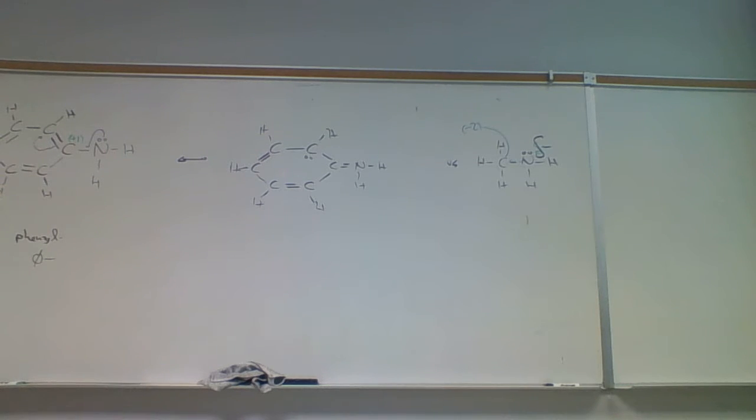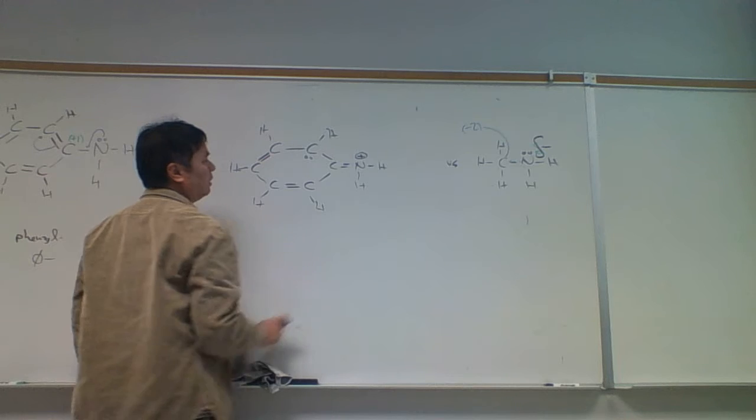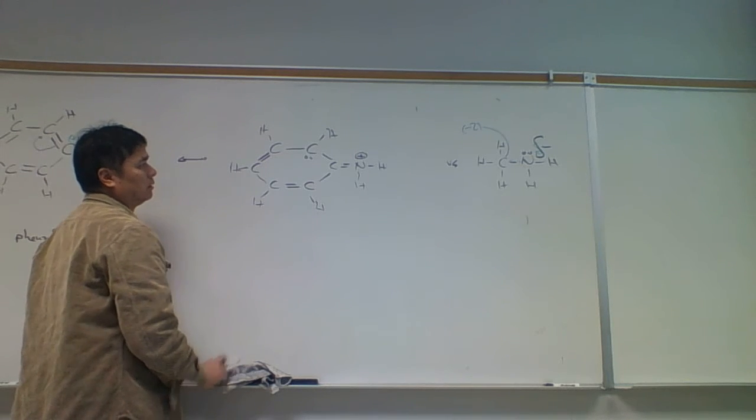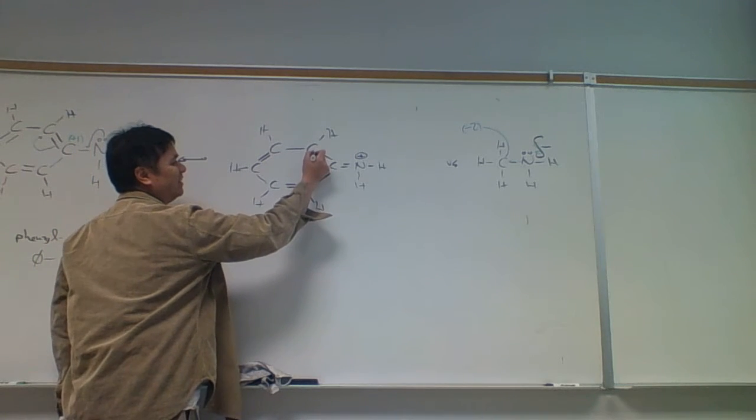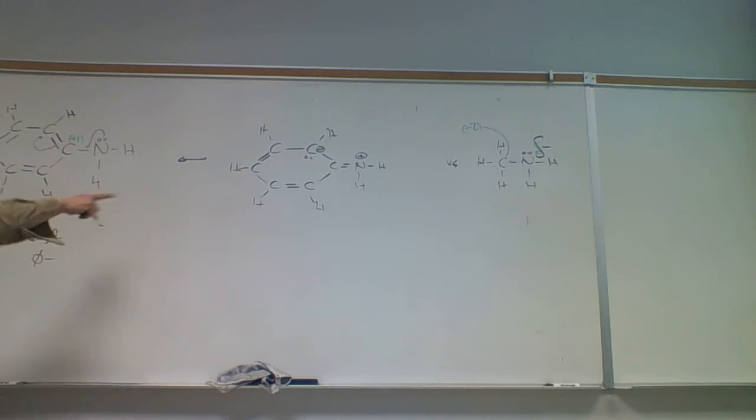In aniline, all the formal charges are 0. When you look at the formal charges here, what are they? Nitrogen's +1, and this carbon would be -1. Now we have some formal charge, which means these aren't equivalent. This would be more stable than that.